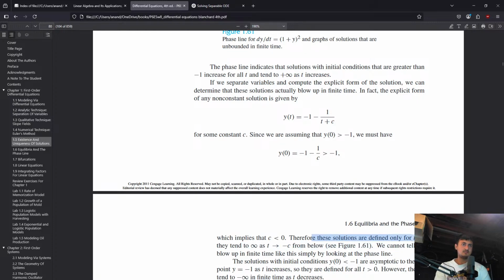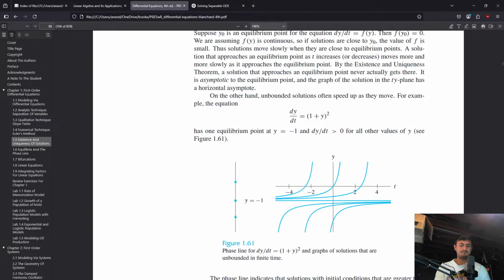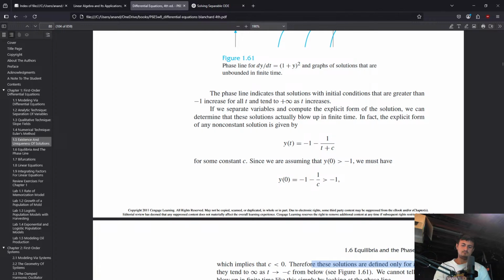Okay, so that's interesting. So we have dy/dt is equal to, what was it, y plus 1 squared? So this leads to y is equal to -1 minus 1 over t plus c.